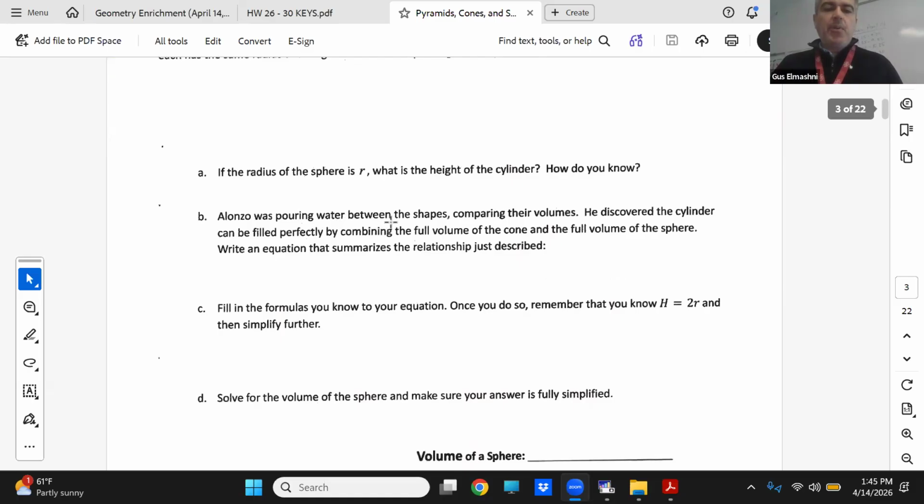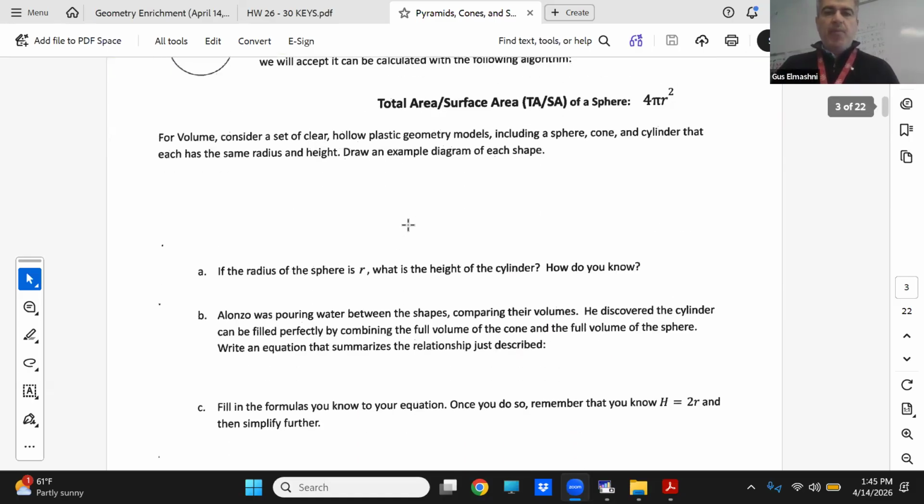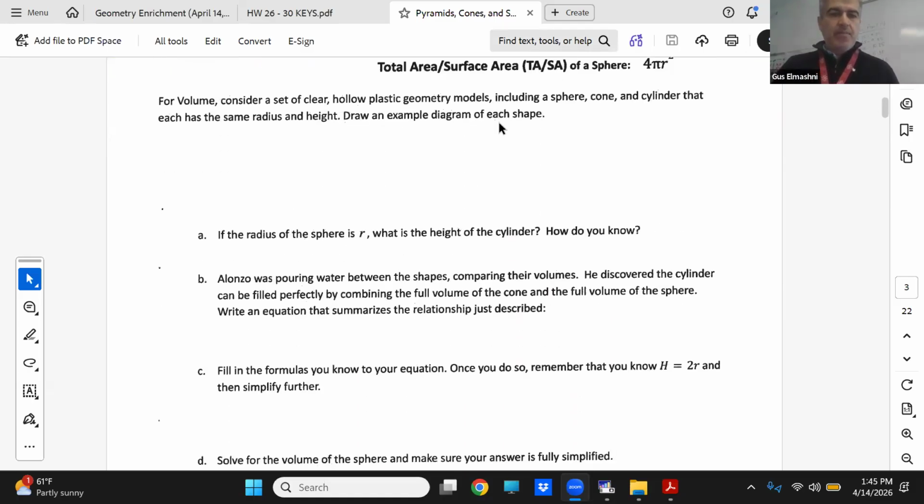So here's the deal with a cylinder, and I kind of rushed this the other day, so let's talk about this again. So I'm going to draw a sphere or a bubble, and let's draw a cylinder on page 3.